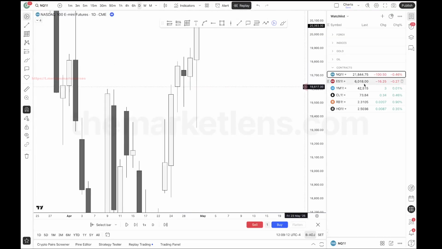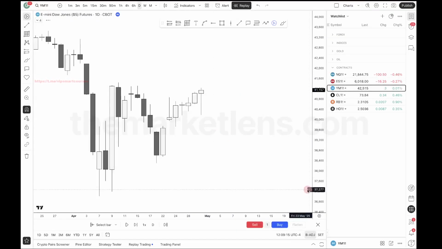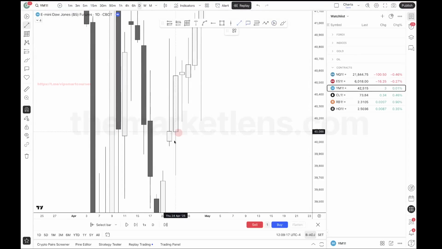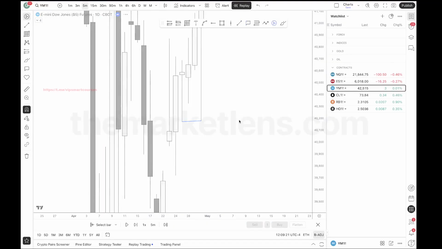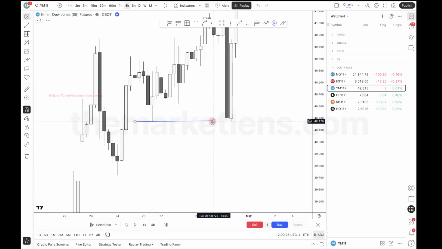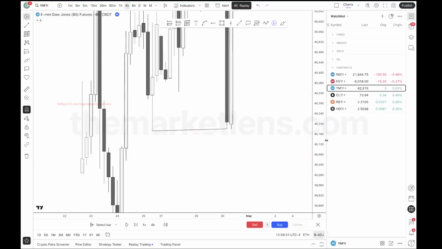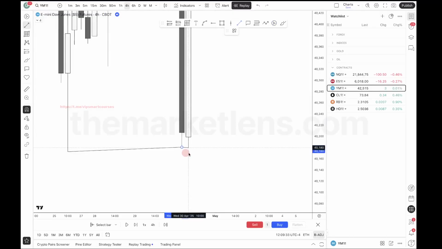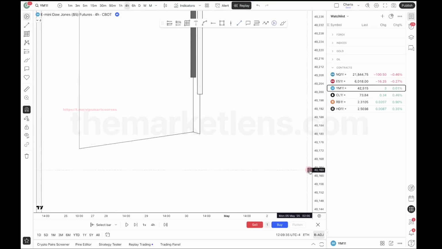So if you look here on YM, you have this divergence. If I go to lower time frame, it can be with previous candles' lows. It doesn't matter, because this previous candle's low is just a low on a lower time frame. You see how it creates this divergence here?